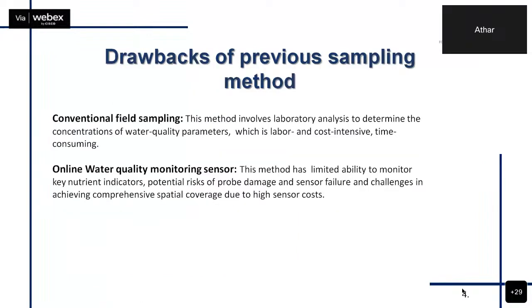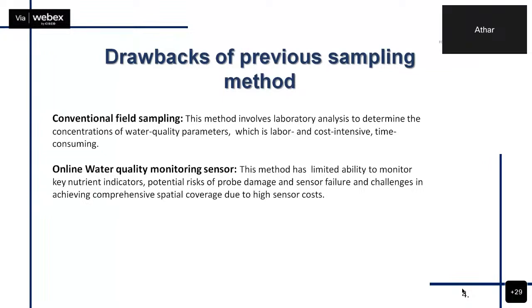There are two methods which are used for measurement of water quality parameters and they have certain drawbacks. Talking about conventional field sampling, basically it is a method where water samples are collected from various locations and then analyzed in a laboratory to measure the concentration of water quality parameters. It has some drawbacks: it can be costly and it requires specialized equipment and trained staff.